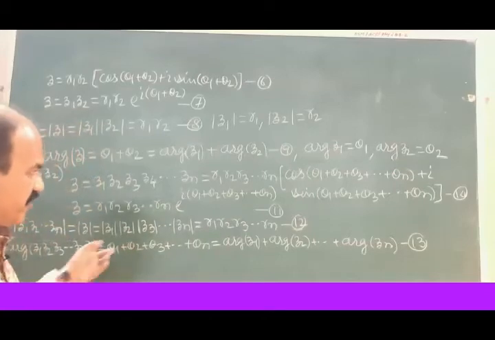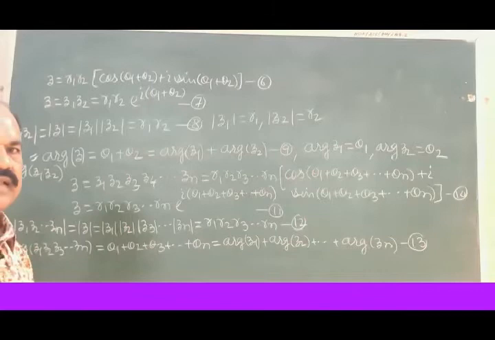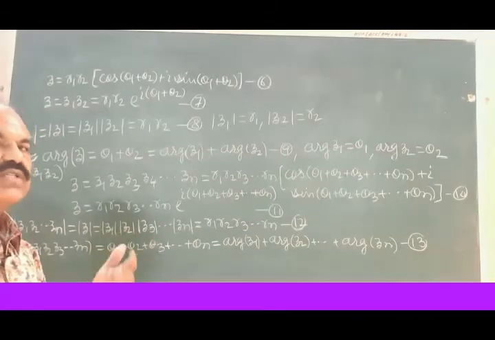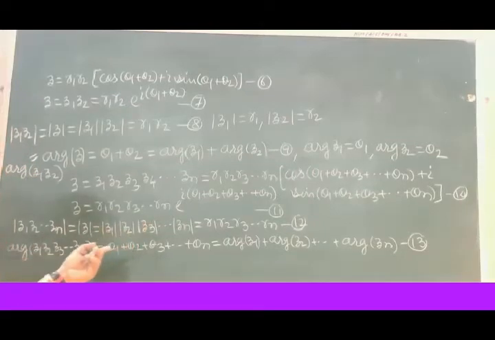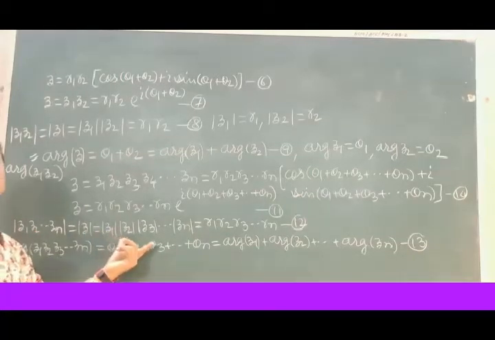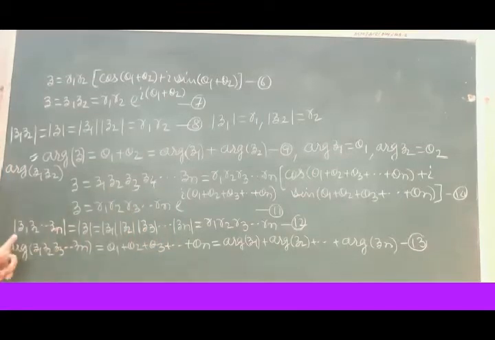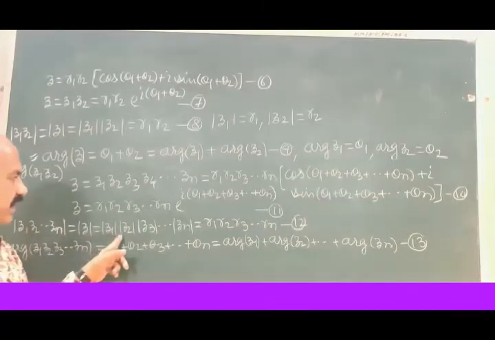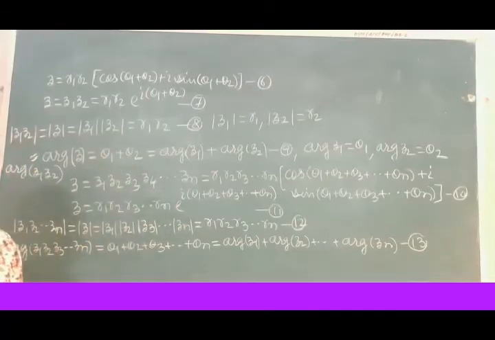Let us observe equations 12 and 13 and try to draw some conclusion. What conclusion can be drawn from equation 12? Modulus of product of n complex numbers is equal to product of moduli of the n complex numbers.